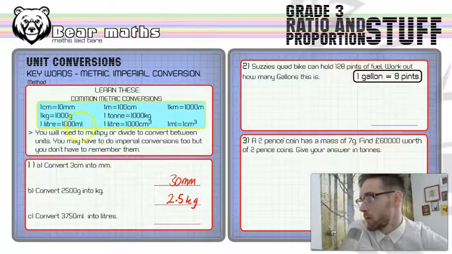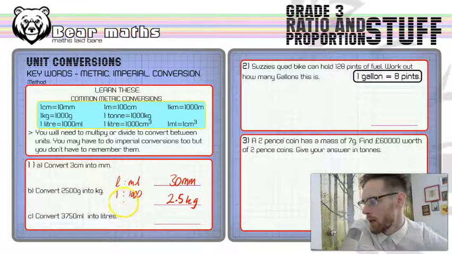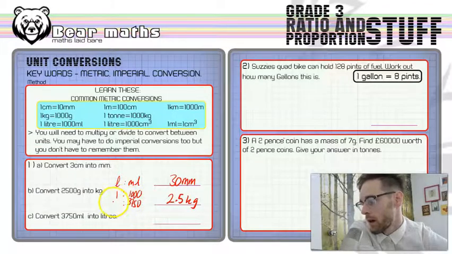We've got lengths, we've got weights or mass and capacity, and this one's capacity. So we've got litres to millilitres, 1 litre to 1,000 millilitres. And again, we've got 3,750, so we just divide by 1,000 and we get 3.75. So 3.75 litres is the answer.